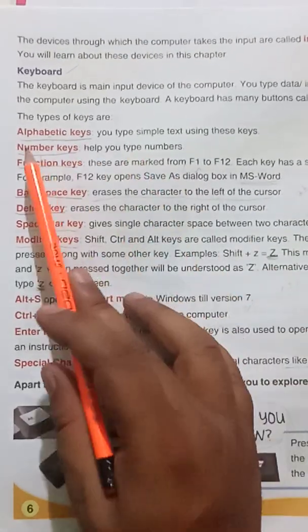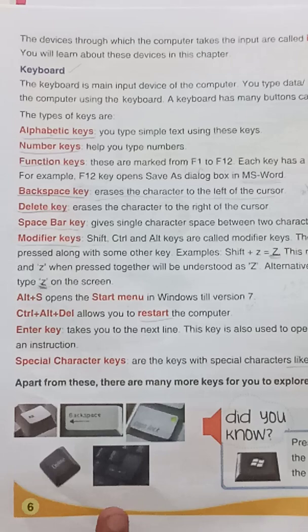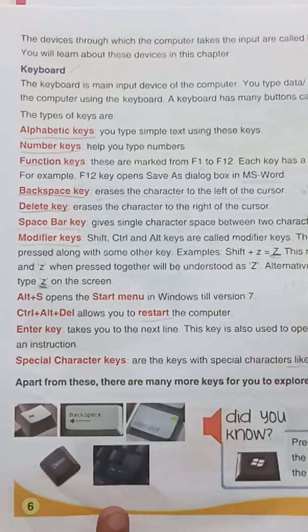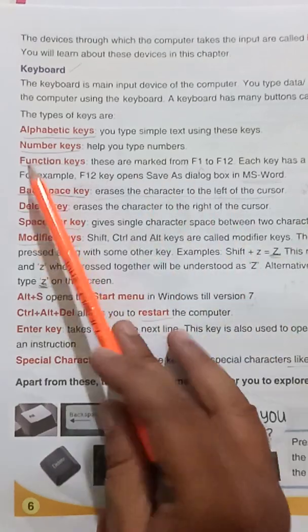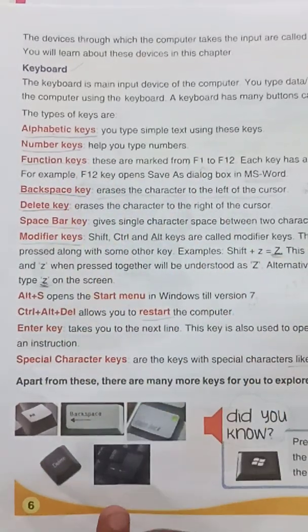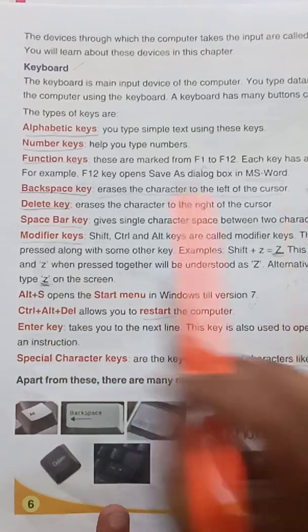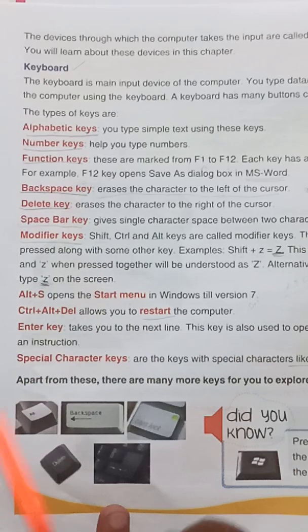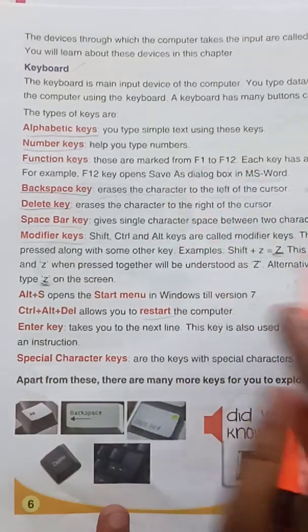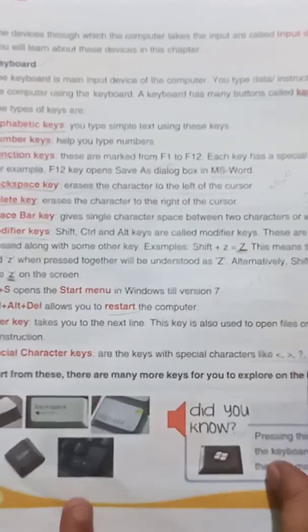There are some alphabetic keys, that are A, B, C, D and till Z. Clear? There are numeral keys, number keys, 0, 1, 2, 3 till 9. And there are some functional keys from F1 to F12.